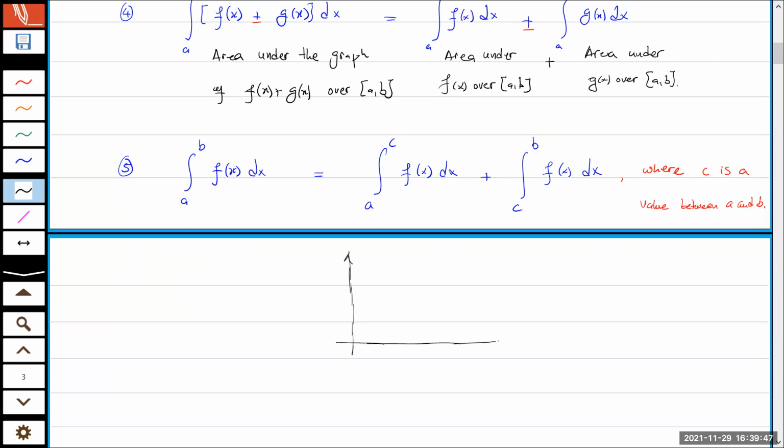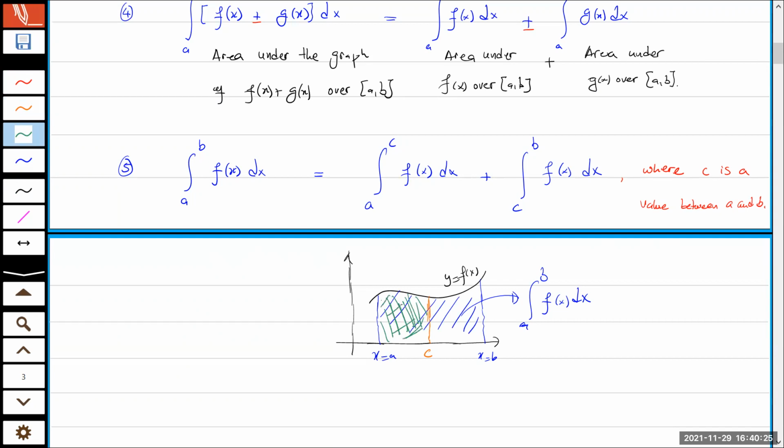Suppose this is the graph of our function, y equals f of x, and we are going from x equals a to x equals b. This area is exactly the definite integral of f of x dx. What we are saying is that if you pick a point in between, let's say this value c, somewhere between a and b, then you can add up this area and then add it to this area over here.